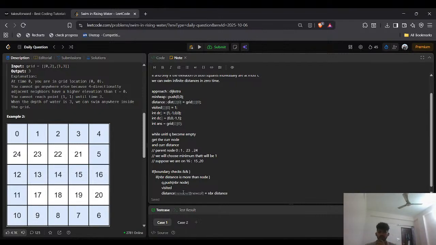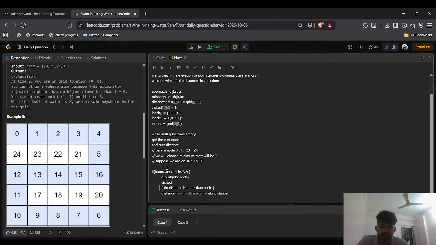But if the distance is less, then also we need to put it in the queue. So this line should not be here, it should be here, I guess. Then it will work fine.